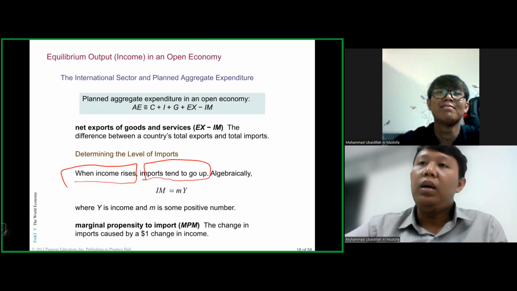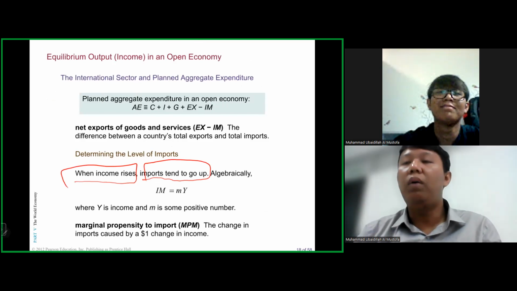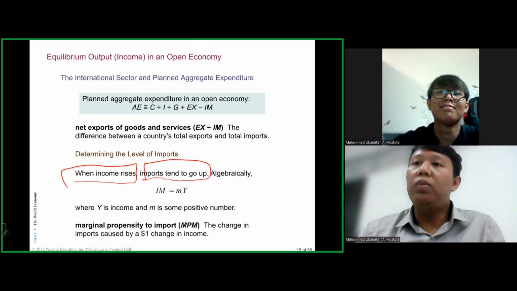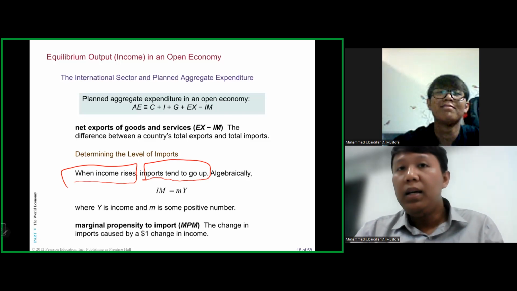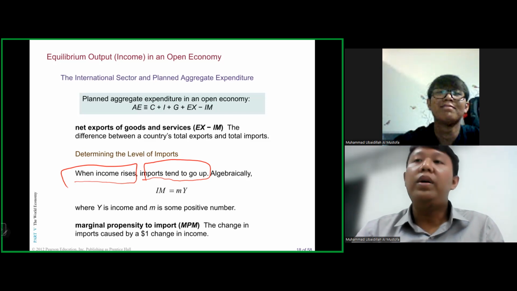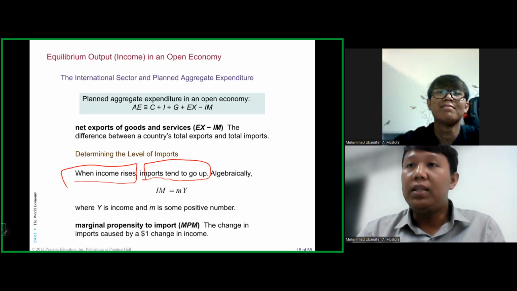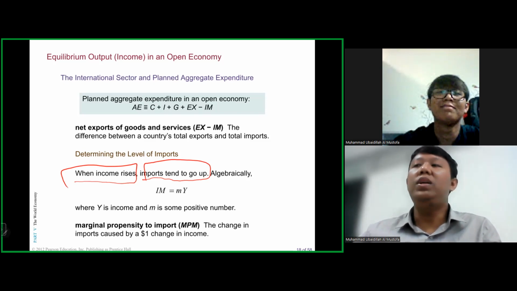This happens because when we have an increase in our income, we usually consume more. We tend to buy more products and services. And these products and services may come from abroad, or they are imported goods and services. So it has this kind of a positive relationship.